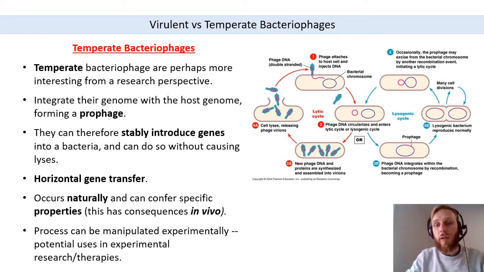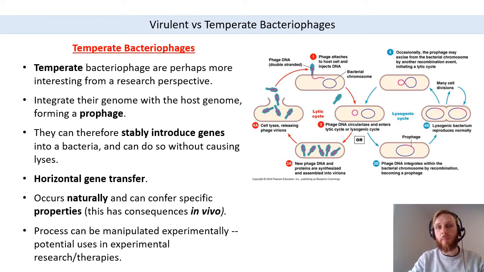Okay, we also, as we've said, have the lysogenic life cycle that temperate bacteriophages can engage in. And again, the key central part of this is the formation of a prophage. So it's the integration of the bacteriophage genome into the bacterial genome. And this is really crucial from a disease perspective.